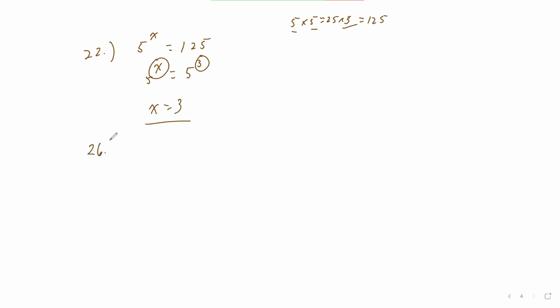Then look at number 26. 26 is 4 to the power of negative x equals 16. Remember, we can't solve exponents, so I'm just going to flip the fraction. So now this is 1/4 to the power of x equals 16. So now the question is, how do I make this look like this?